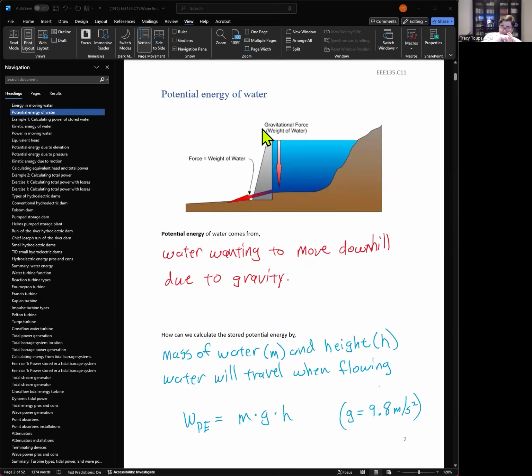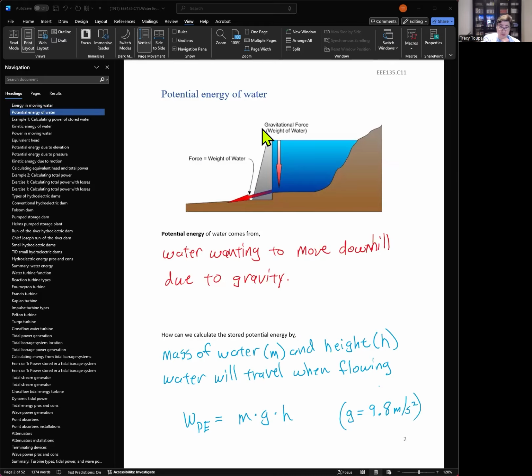When we want to talk about water, we need to talk about first the potential energy of water, right? So remember, potential energy is energy at rest that's stored, and when released, will turn into kinetic energy and move, and we can harness that. Potential energy from water itself comes from the water wanting to move downhill due to gravity. Remember, water starts in the hills from the snow melting.